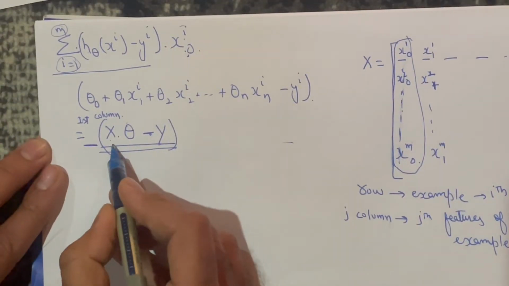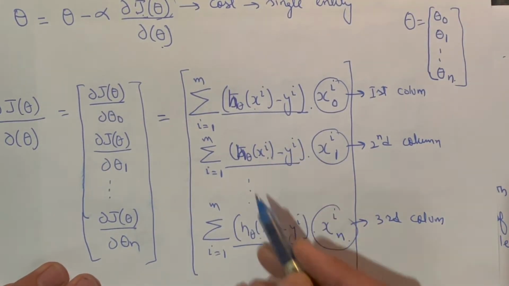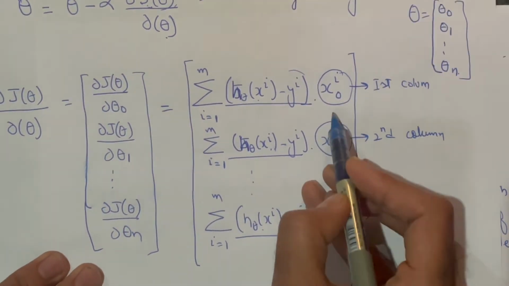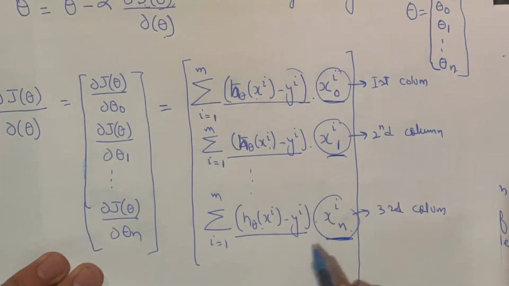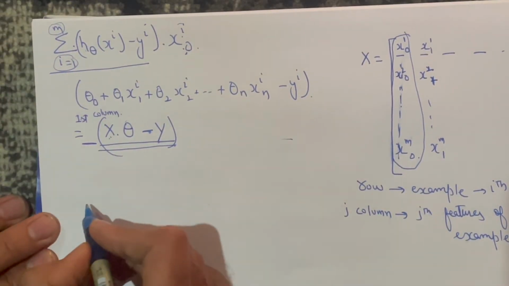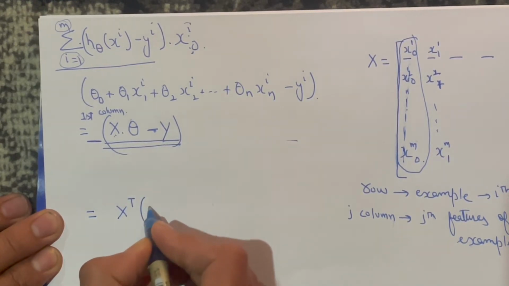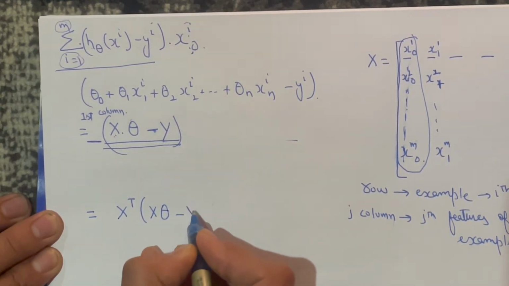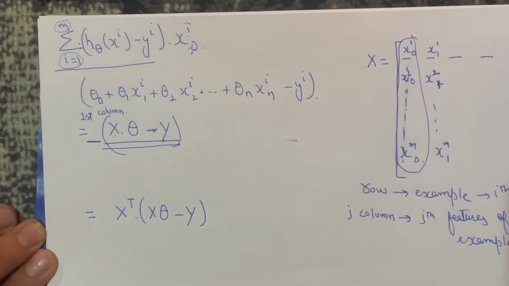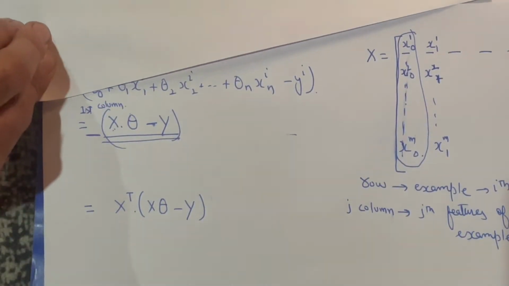So this part will remain, but the second part is changing. I can write this entire thing in this particular format: x transpose x theta minus y. What I am saying is that I am writing this particular quantity in this format. Why? I will show you.